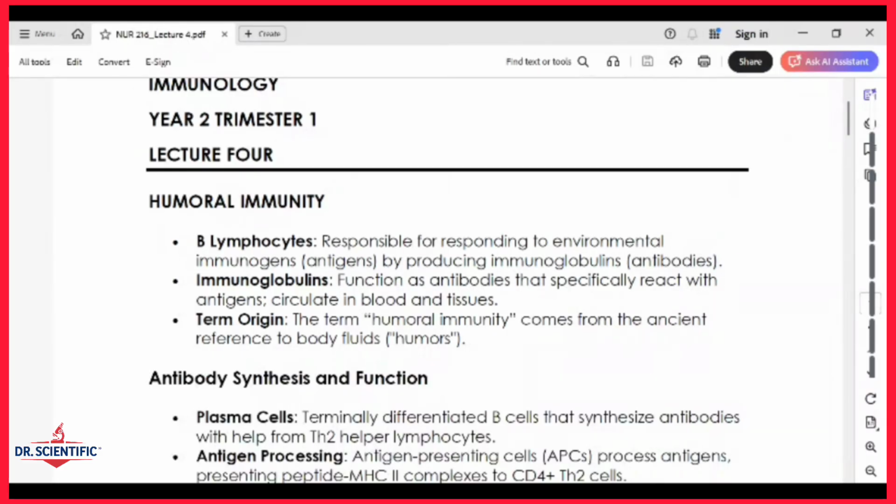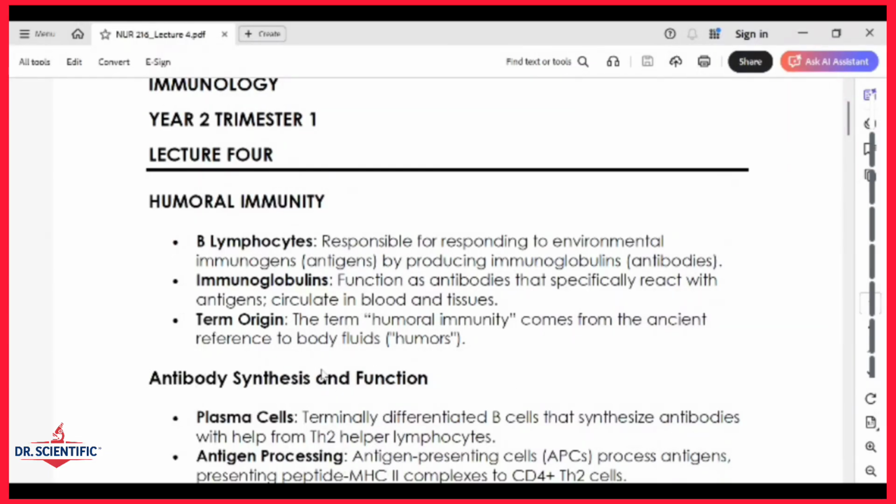So we were able also to see in a bit of detail the subpopulations of T cells, how they exist. We mainly saw that T cells are categorized into two main categories: CD4s and CD8. CD4s are also referred to as helper T cells, and CD8 are also known as cytotoxic T cells.